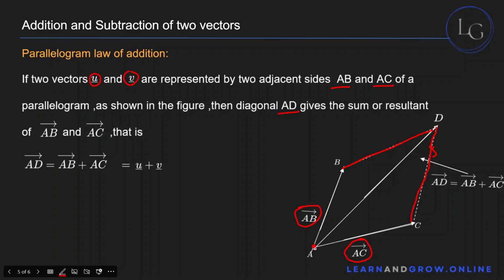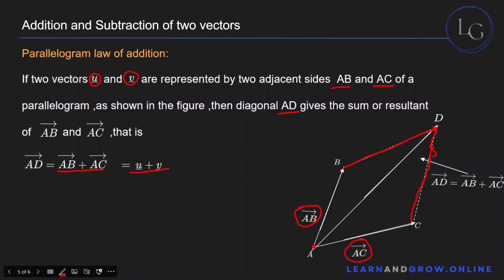Then you just connect the point A and the point D, and that vector AD, with the initial point at A and the terminal point at D, will give you the sum of the vectors AB and AC, or u plus v. And that is the parallelogram law of addition.